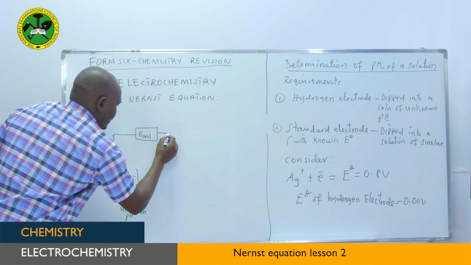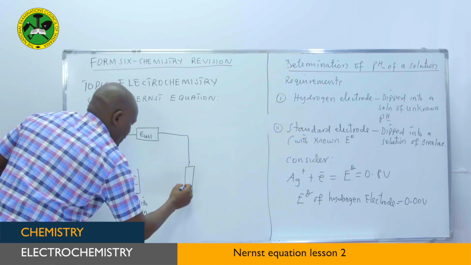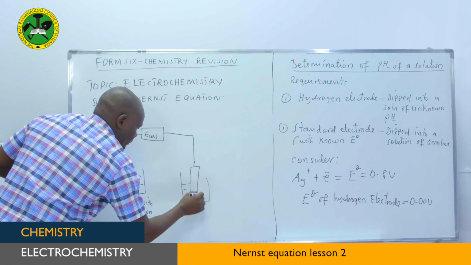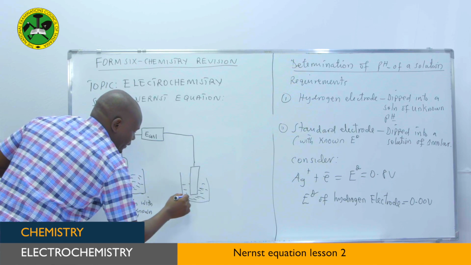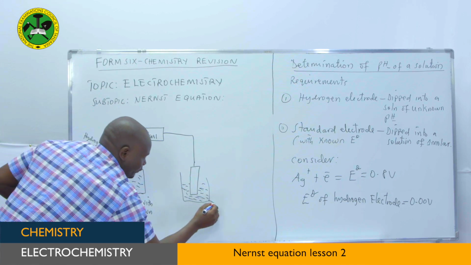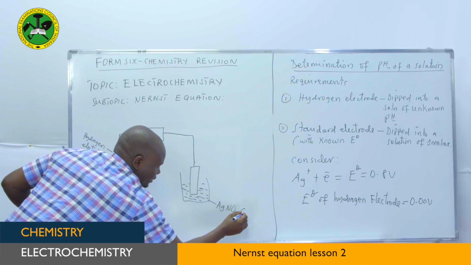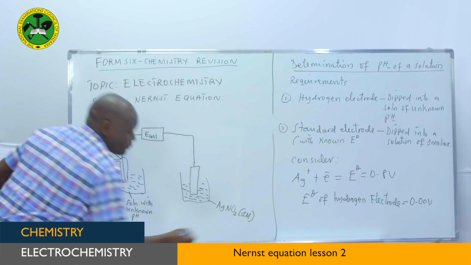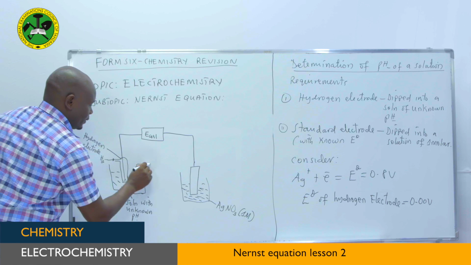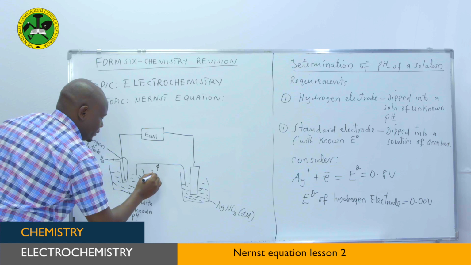So you have another electrode, silver, placed on the right, but it must be dipped into a solution of its ions, for example silver nitrate, and the concentration of the solution must be 1 molar. Now, here we must have the salt bridge. I know you remember the use of the salt bridge.